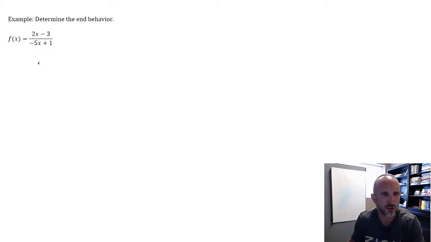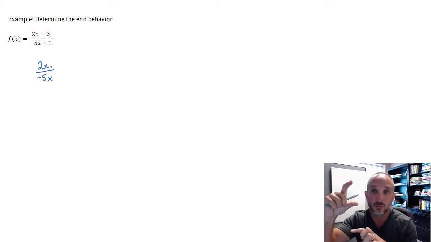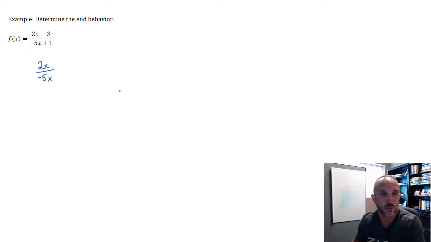So on the top, our leading term is 2x, and on the bottom, our leading term is negative 5x. And so here's the new part with rational functions. You get the leading terms for the top and the bottom, and then you have to reduce or simplify that fraction. And so in this case, the x's cancel, and we just get a constant of negative 2/5.